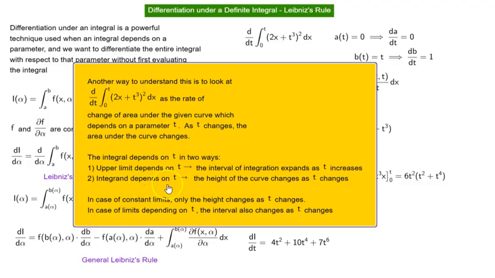And the integrand depends on t, that means the height of the curve changes as t changes. In case of constant limits, only the height changes as t changes. In case of limits depending on t, the interval also changes as t changes. So that was differentiation under a definite integral, also called the Leibniz rule.